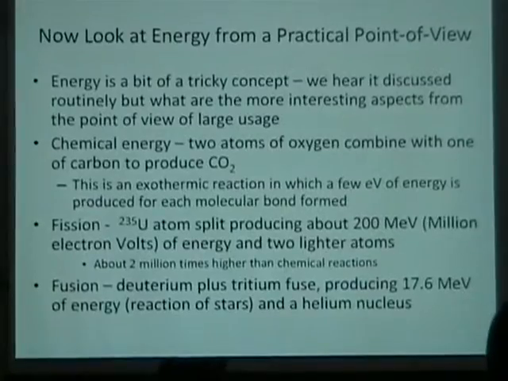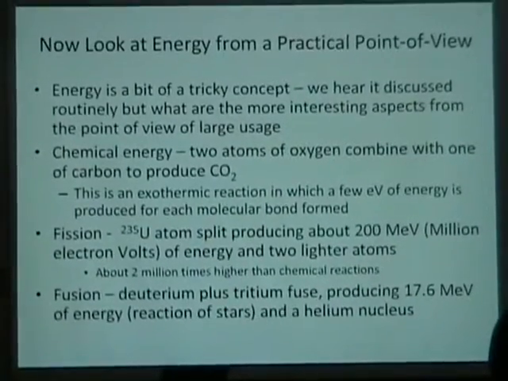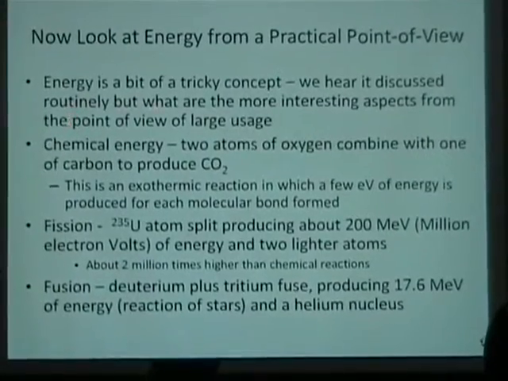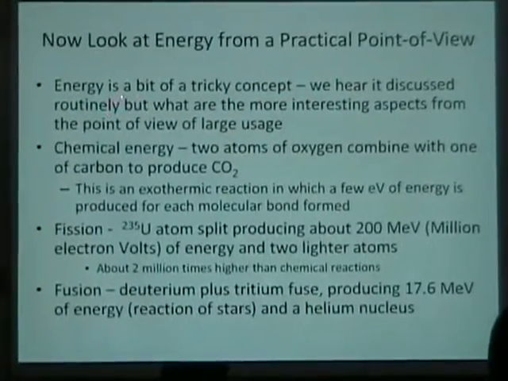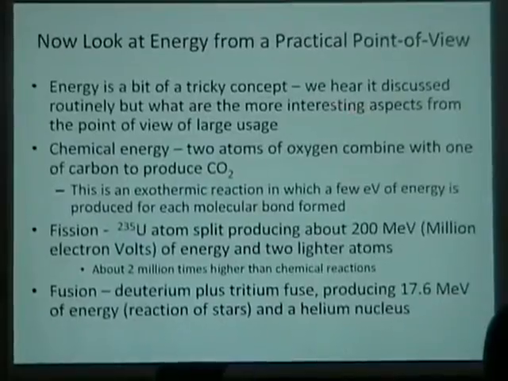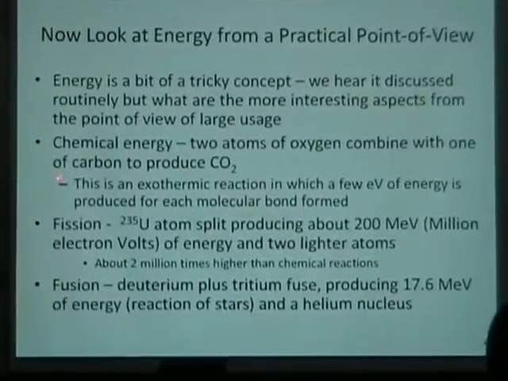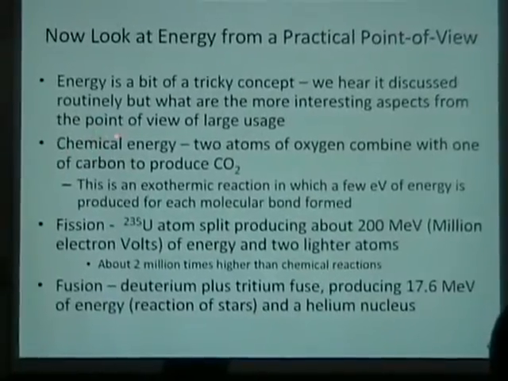Now we'll look at it from a more practical point of view. It's a bit of a tricky concept. We hear it discussed routinely, but one of the really interesting aspects is energy usage at the level of the total usage of a country or total world use.